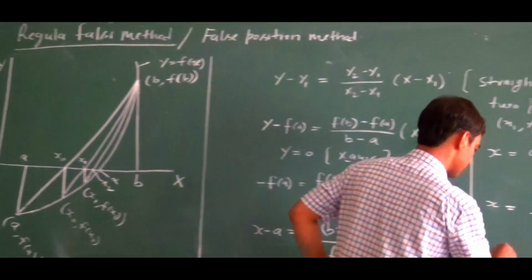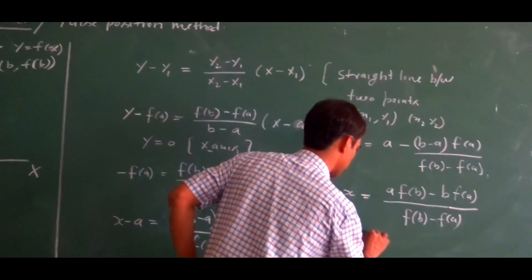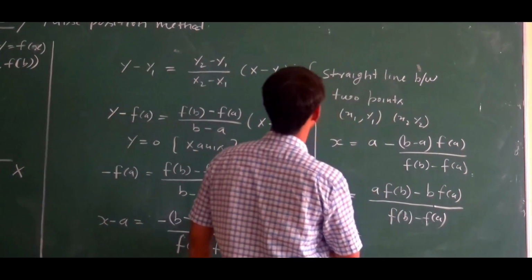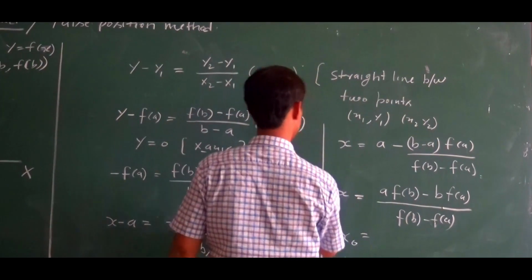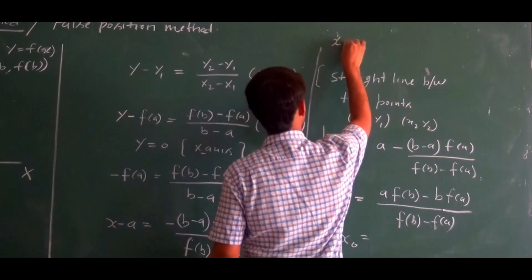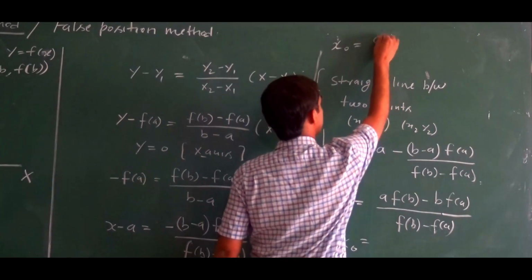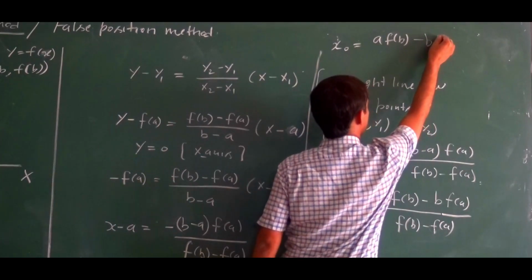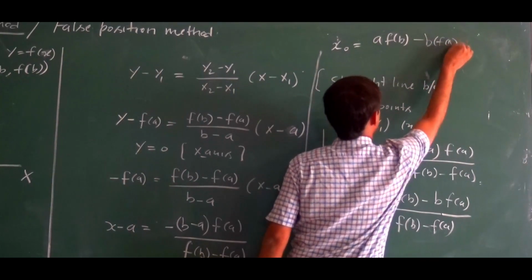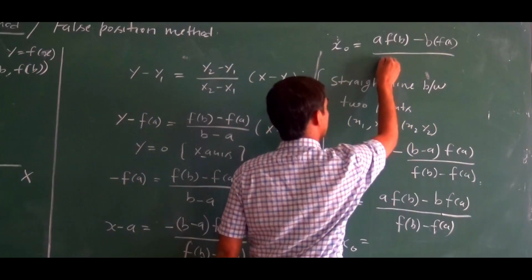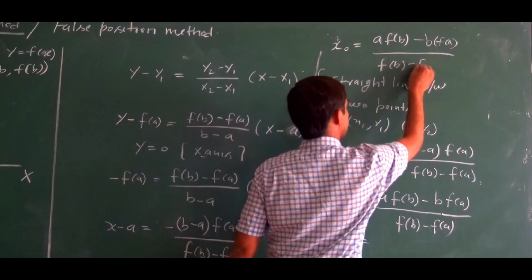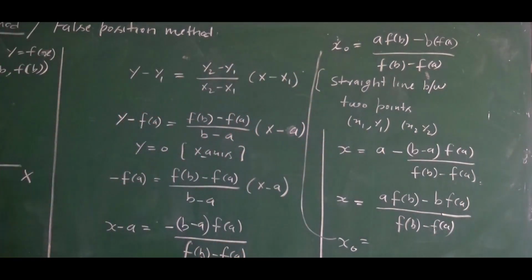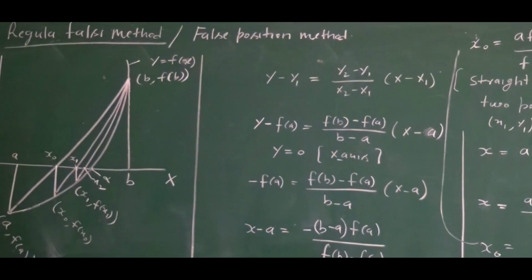So x0 equals A f of B minus B f of A, divided by f of B minus f of A. This is the iterative scheme for the Regula Falsi method.